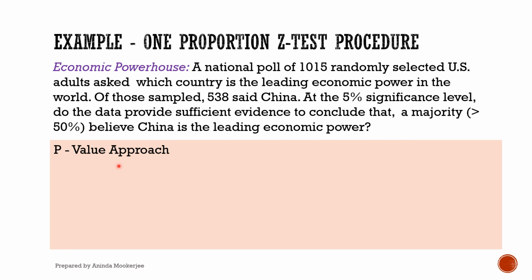So what is the process of using the p-value approach? In the p-value approach, there are no reject and do not reject regions as in the critical value approach. For the p-value approach, we begin with the test statistic value that we found. So step number one is use the test statistic value.